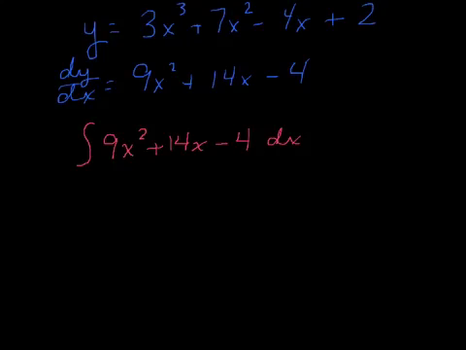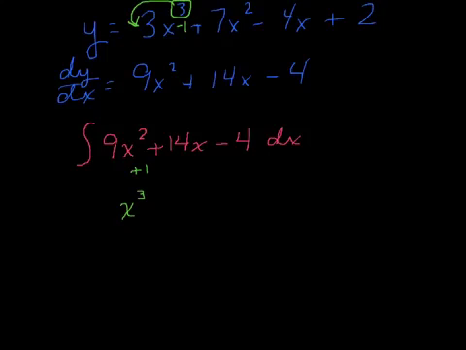What I want you to remember is that when you learned how to do a derivative, the first thing you did was take the exponent and multiply by the coefficient, and then you subtracted 1 from the exponent. We're going to do those two steps in reverse order. So we start with the exponent and add 1 to it: 2 plus 1 gives me 3.